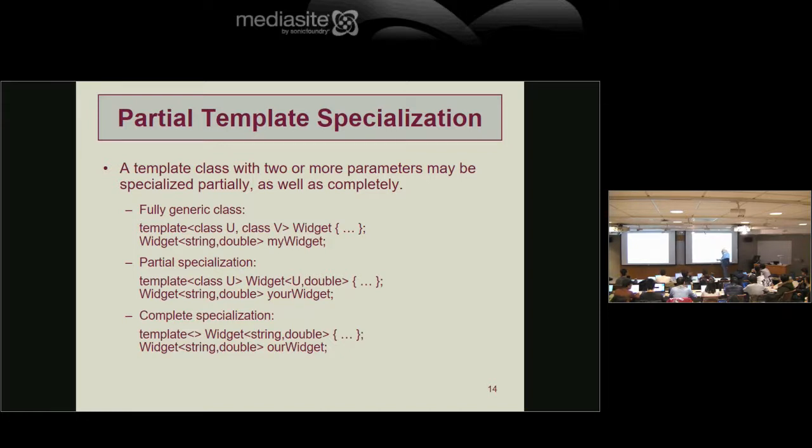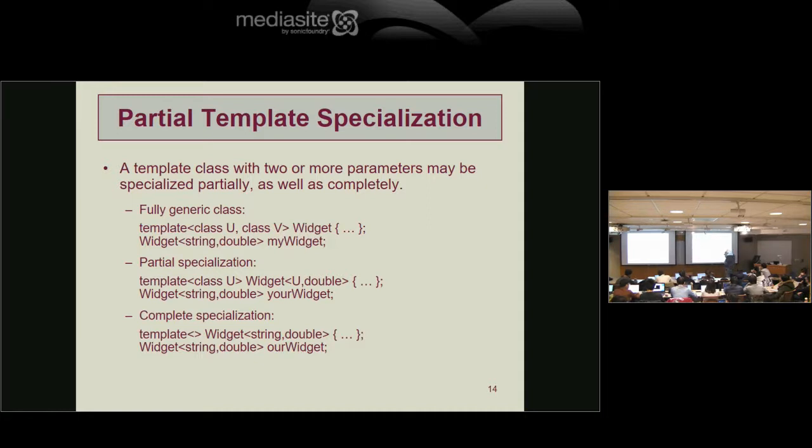Now, if I come along and do a complete specialization, template with nothing, widget of string and double, okay, now if I instantiate on string and double, it'll choose this in preference to this, in preference to this. Okay, it'll pick the most specific specialization.